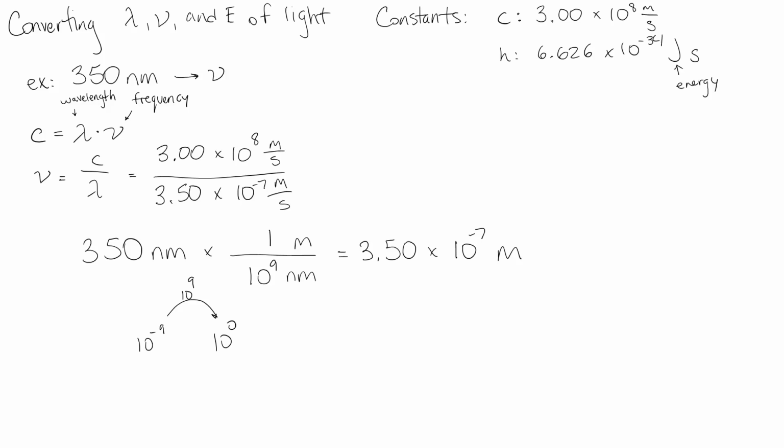Of course, you put this into your calculator: 3 divided by 3.5 times 10 to the 8th divided by 10 to the negative 7th, and you should get 8.57 times 10 to the 14th, 1 over second.